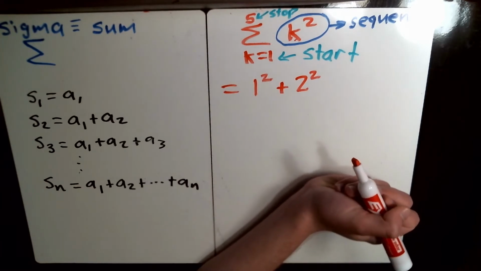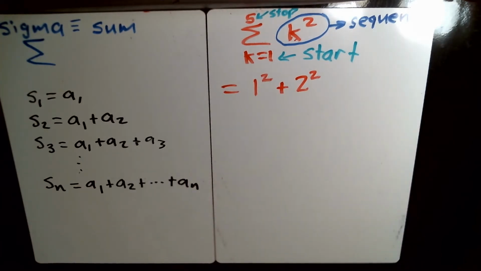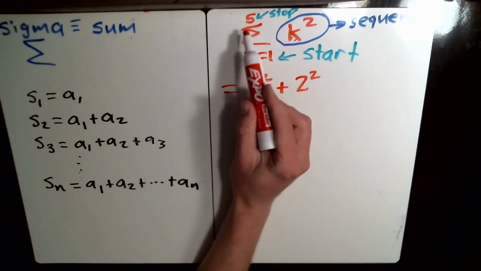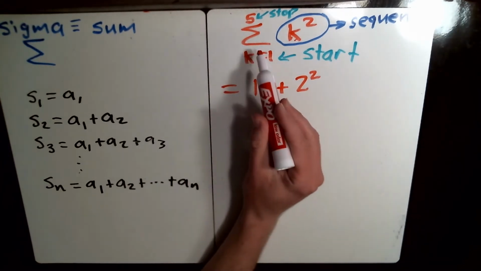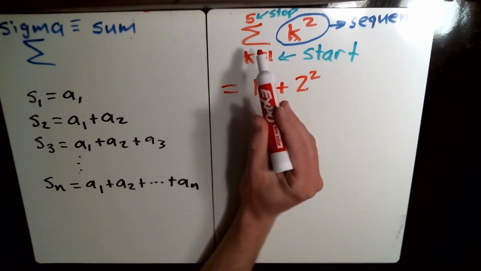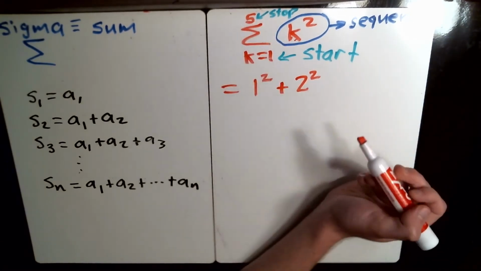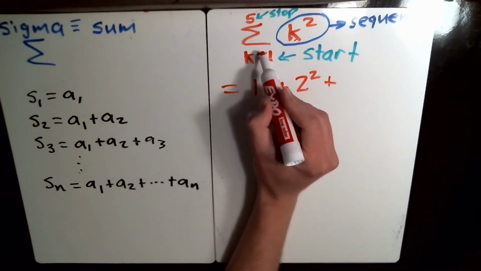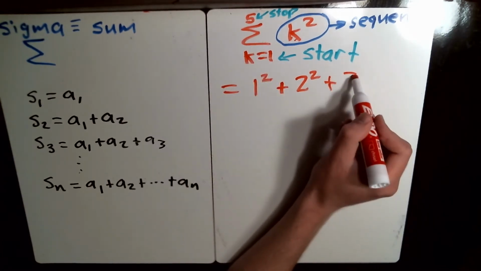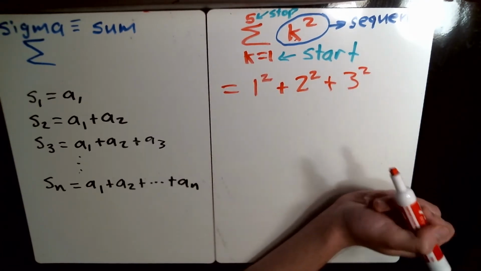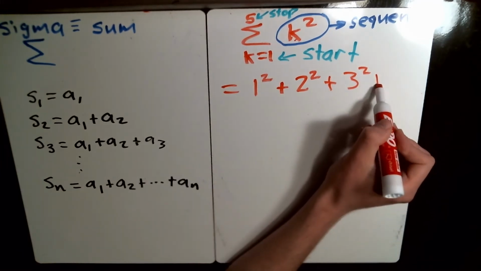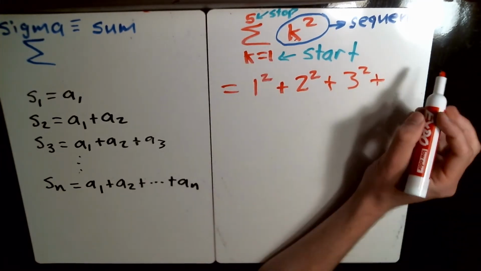It's 2 squared. We're adding it because it's a sum. Then I do k equals 3. I haven't reached my stop point yet, so I plug in k equals 3 and add that to what I had before. Then plug in k equals 4.